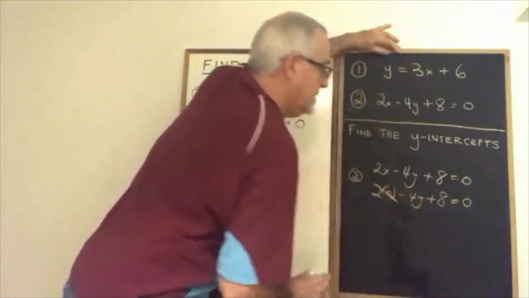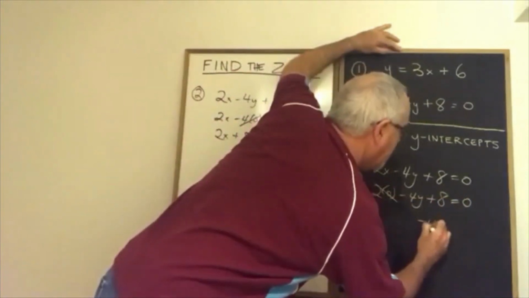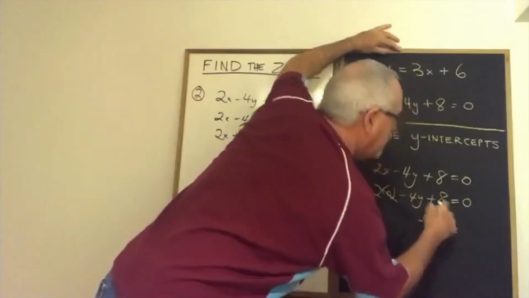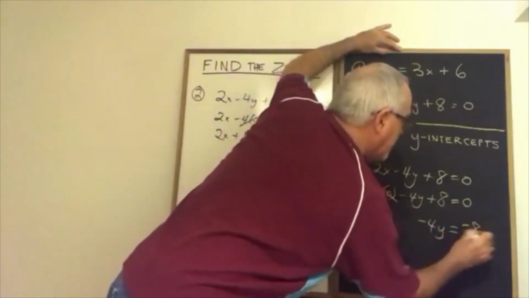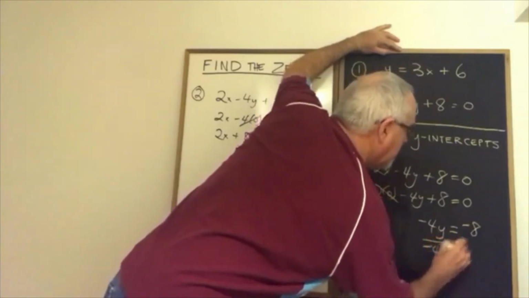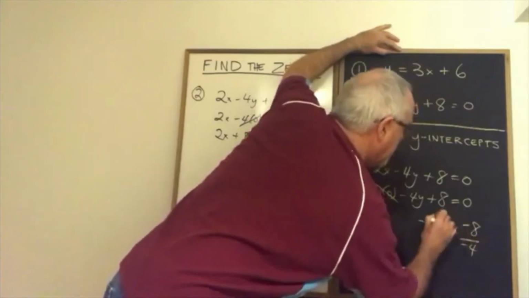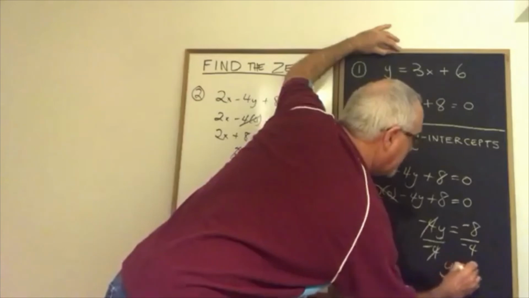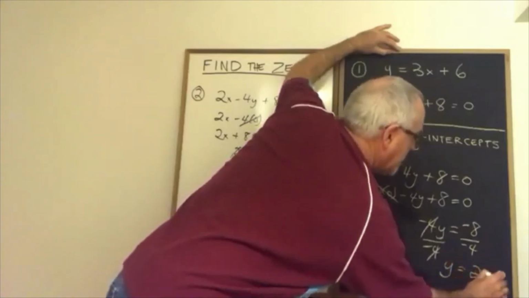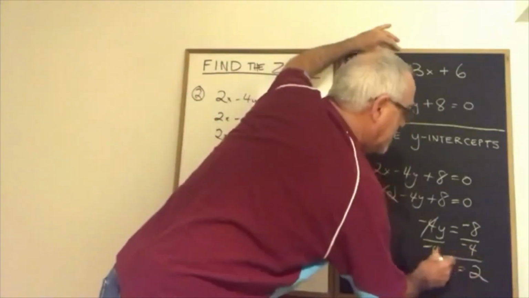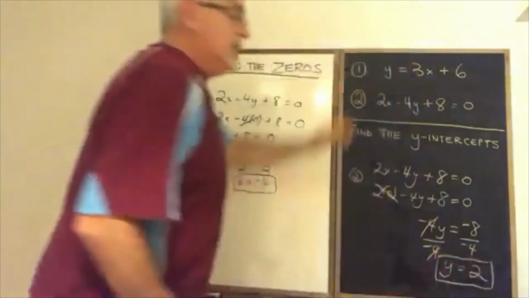And this cancels. I have negative 4y plus 8 equals 0, but I'll move the 8 to the other side where it'll become negative. And I'll divide both sides by negative 4 in order to isolate my y. I cancel, and I get positive 2, which is the same answer that I had using the other y equals ax plus b method.